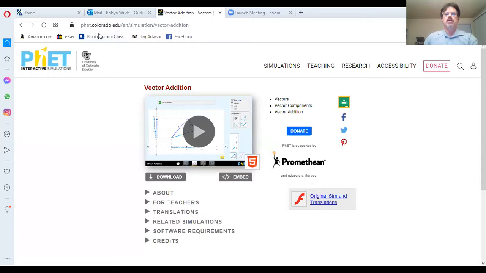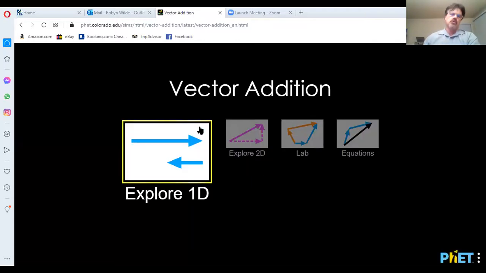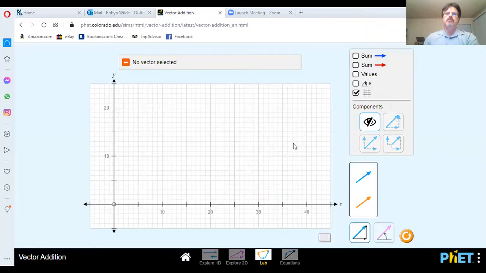So if you go to this and you hit play, you will come across a vector addition simulation. So let's go ahead and just look at this real quick. I think you can just go right into this lab part.